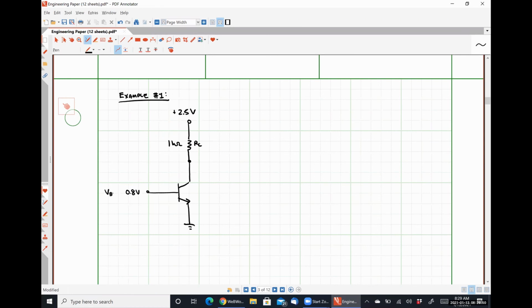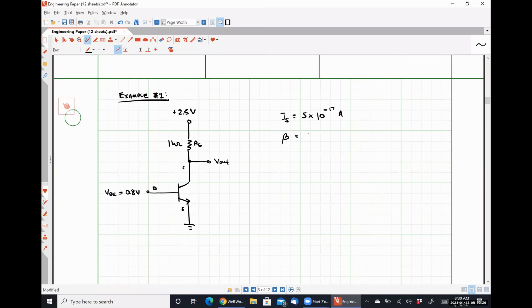So I'm just going to call this VBE since our emitter is grounded. So here's our base, collector, emitter. Here is our output terminal. So this is a simple common emitter amplifier. Let's say that IS is equal to 5 times 10 to the negative 17 amps.